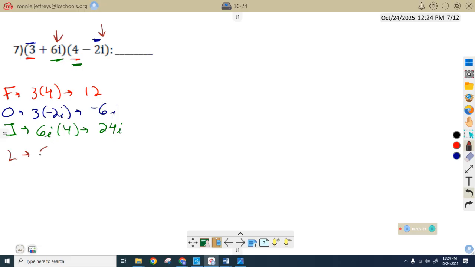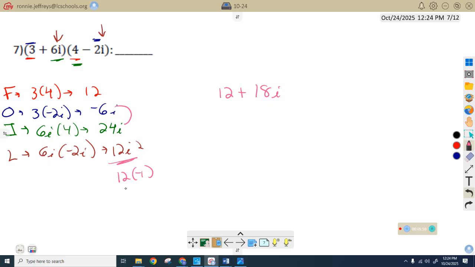Okay, this is 6i times negative 2i, which gets us negative 12i squared. Now, when we're combining these, remember these two will combine. So this is like 24 minus 6, so we're going to have 18i. And then plus 12.